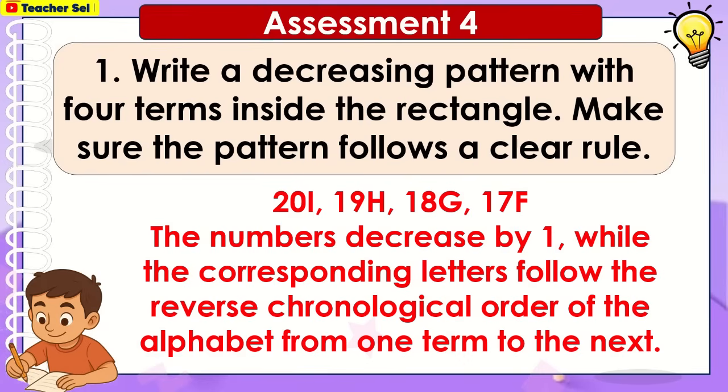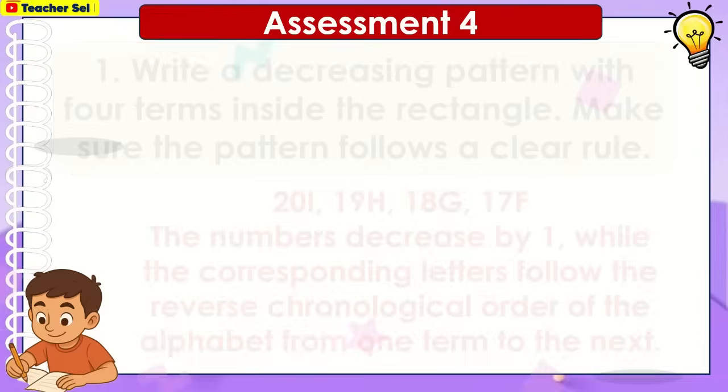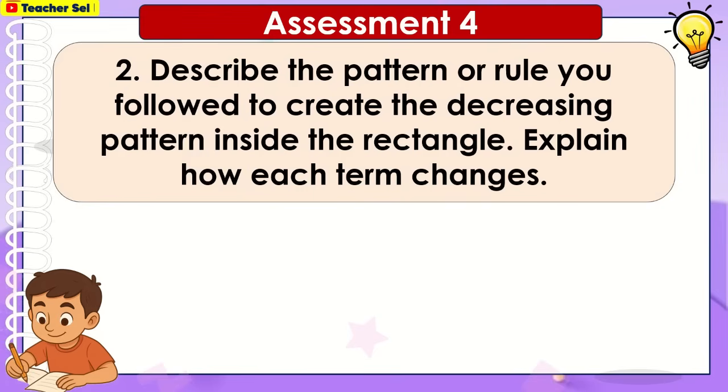20i, 19h, 18g, 17f. The numbers decrease by 1, while the corresponding letters follow the reverse chronological order of the alphabet from one term to the next. Describe the pattern or rule you followed to create the decreasing pattern inside the rectangle. Explain how each term changes.